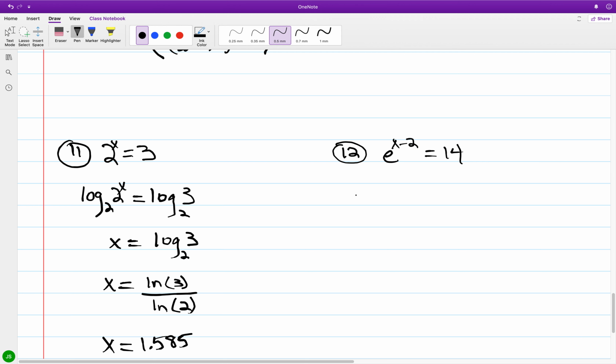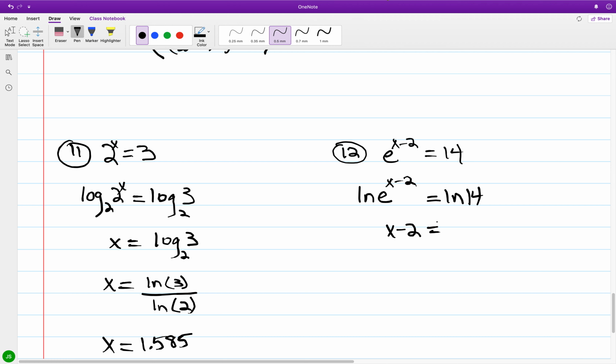Now for number 12, we have e to the x minus 2 is equal to 14. On the left-hand side, I can eliminate the e by taking the natural logarithm on both sides. So we have the natural logarithm of e to the x minus 2, which becomes x minus 2.